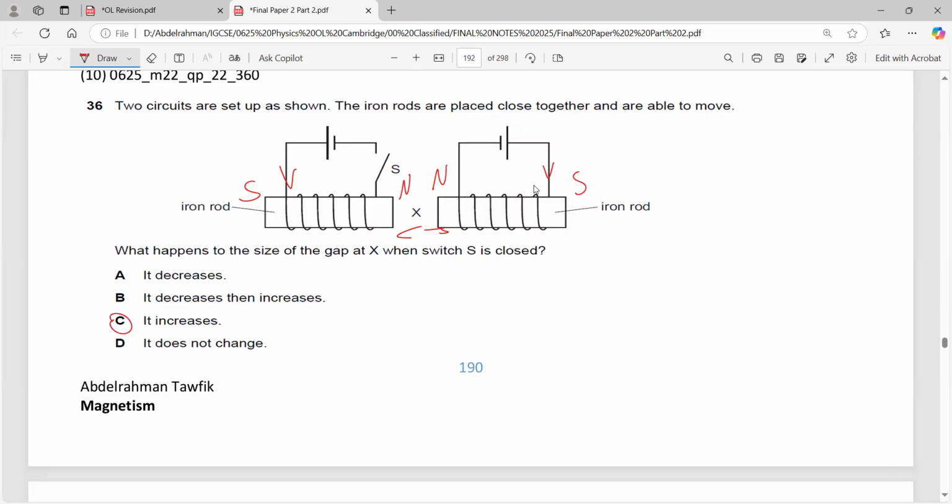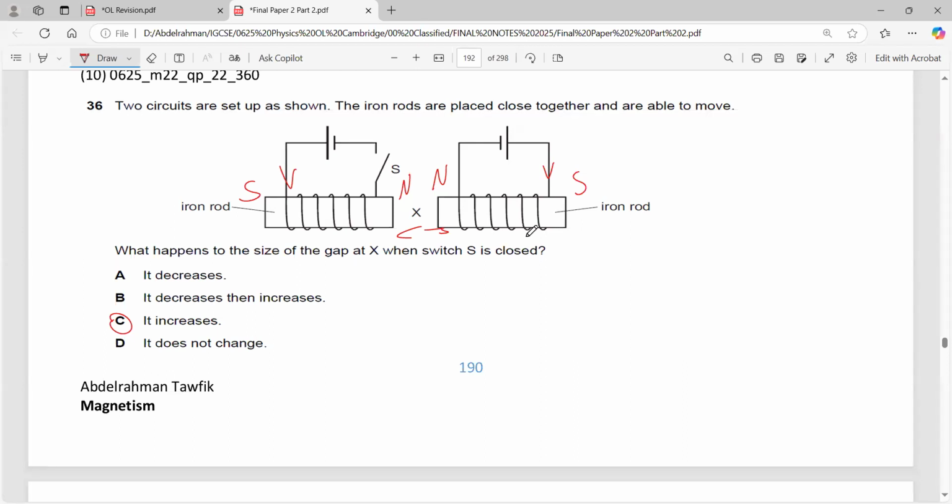So that's how we can find the direction of the magnetic field using a coil, using a solenoid. Basically, the question is the first part of this coil, is it moving above or below this core?